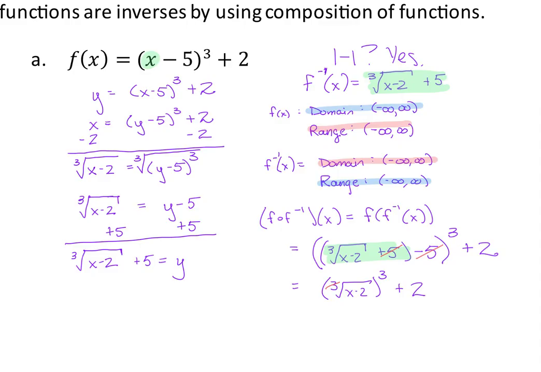And we get that our cube root and our cube cancel, leaving us with x minus 2 plus 2. And finally, our minus 2 and our plus 2 cancel, and we are left with this is equal to x. That is what we want. We want to see that they completely cancel out.